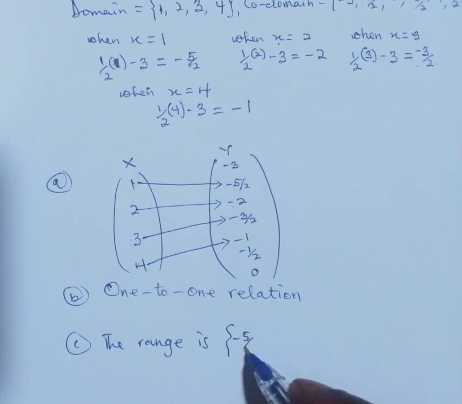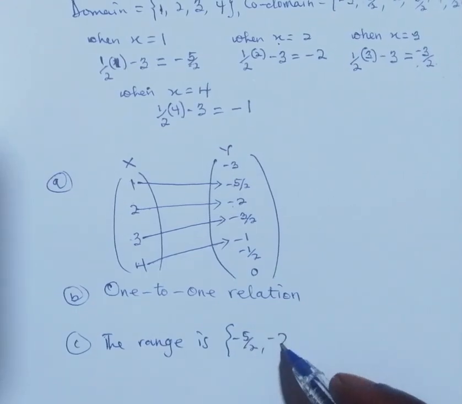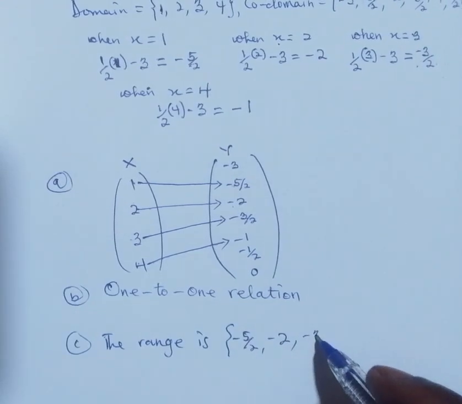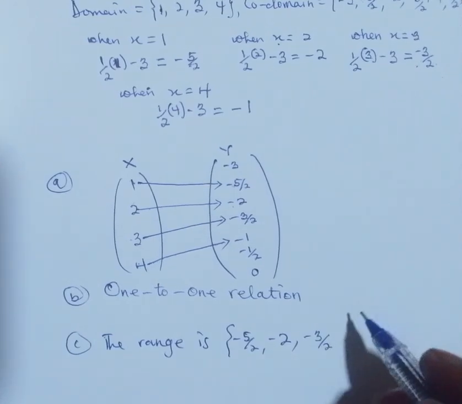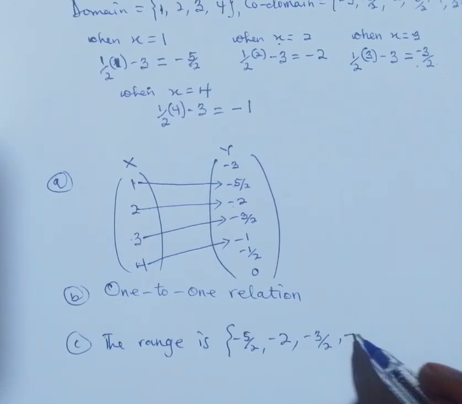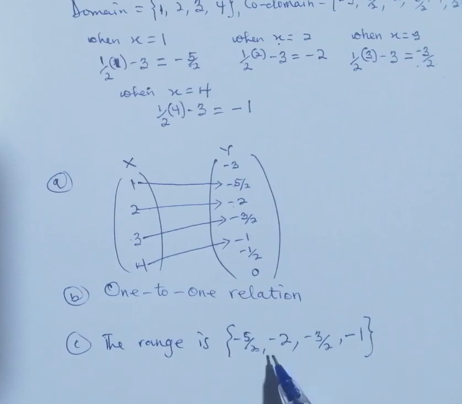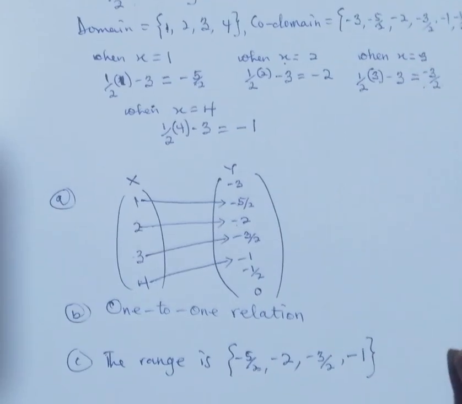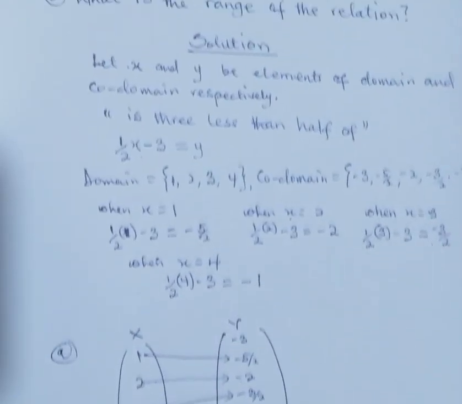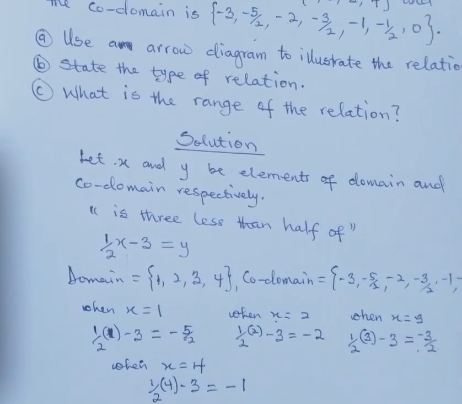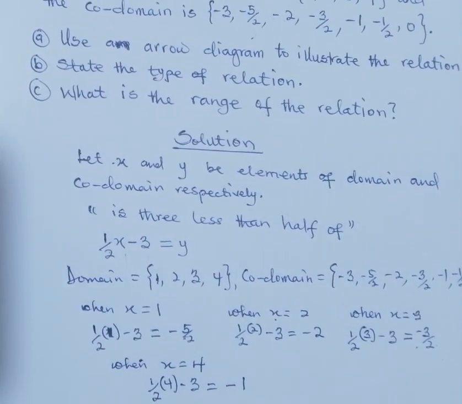Negative 5 on 2, negative 2, negative 3 on 2, and negative 1. These are the elements of the range. This is the range. Okay, so that answers the question. Very easy, isn't it? So when you get such questions, this is how you should go about it. It's very simple. All right, so this brings us to the end of this question.